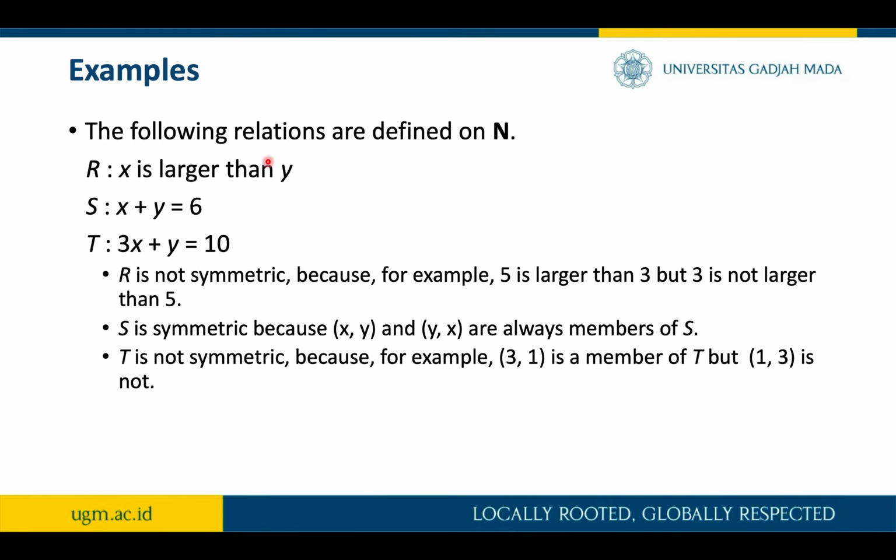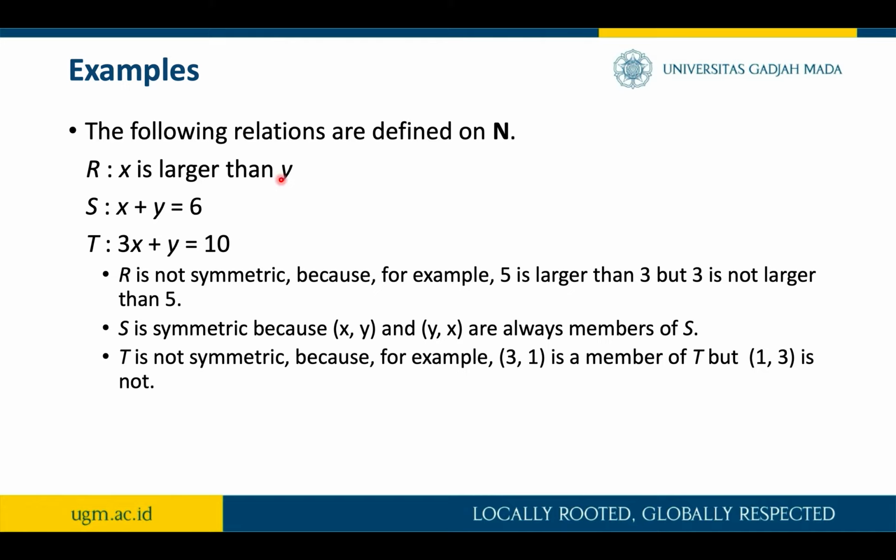So these are the examples. We have R, the relation between x and y, which means that x is larger than y. Then we also have the second relation S, x plus y equals 6, and T, 3x plus y equals 10.